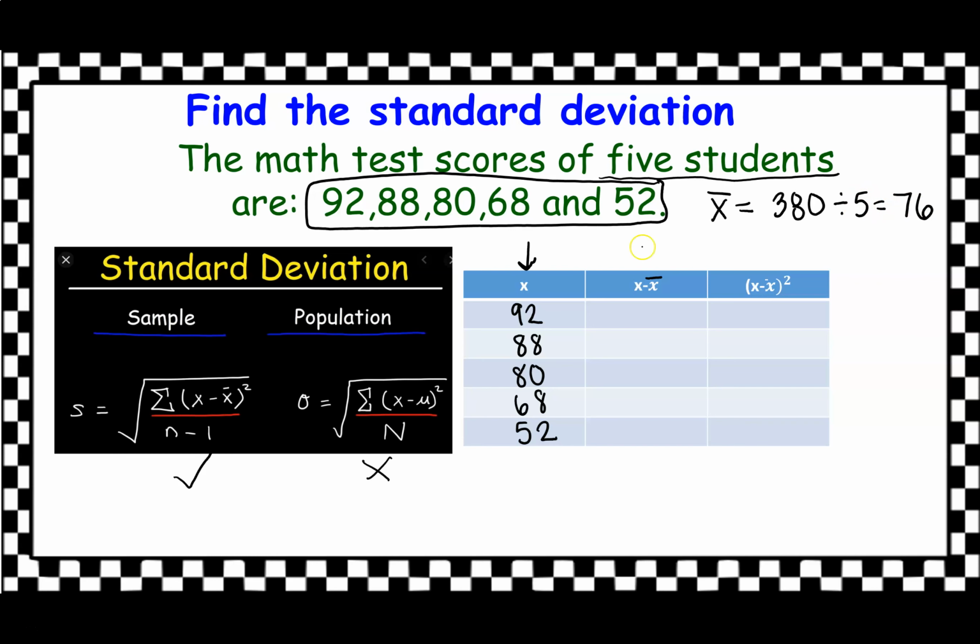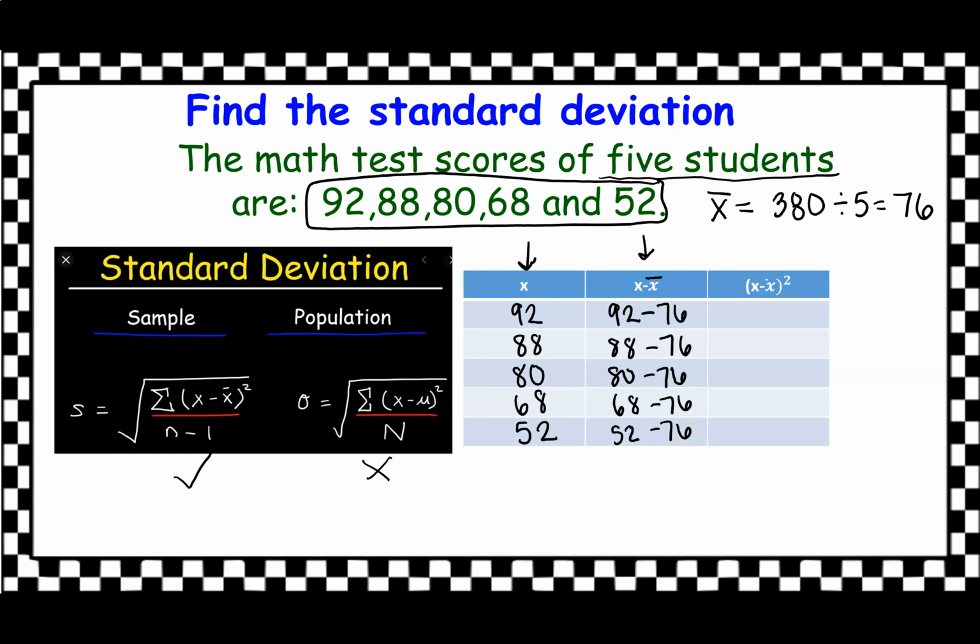So in this column right here, I'm going to take my X value to the left and subtract the average. So this is going to give me 92 minus 76. Okay, moving down, I've got 88 minus 76, 80 minus 76, 68 minus 76, 52 minus 76.